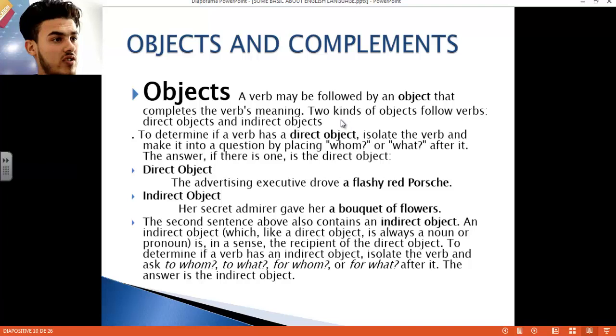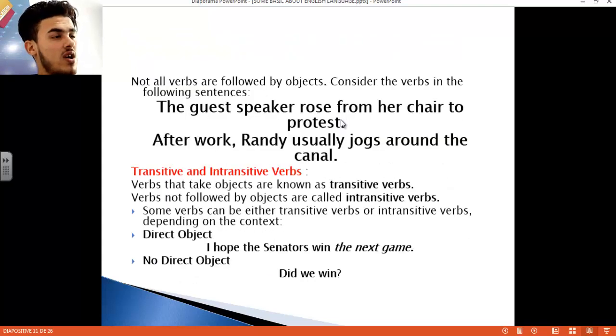The answer is the indirect object. Here in the example we have here, her secret admirer gave her a bucket of flowers. So here, when you ask her secret admirer gave what or gave to whom, you will find the answer that he gives her a bucket of flowers, and her is the indirect object in the example.